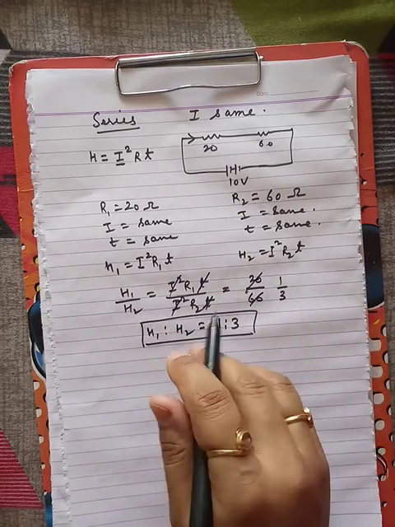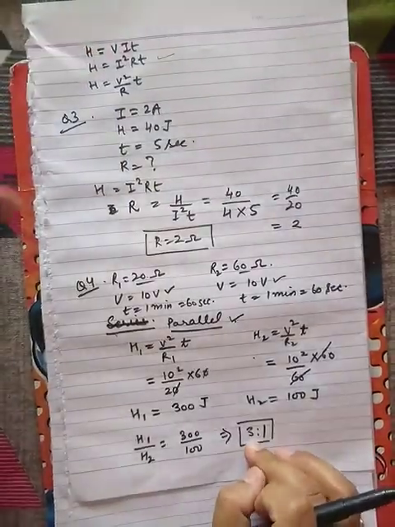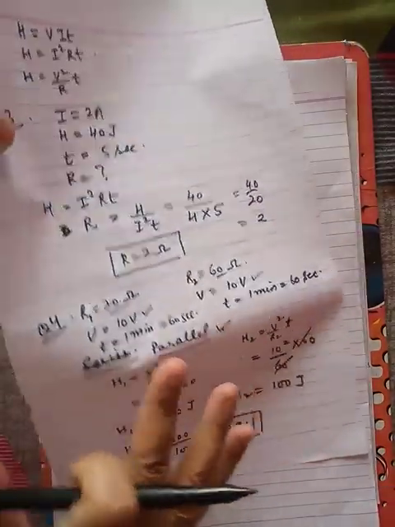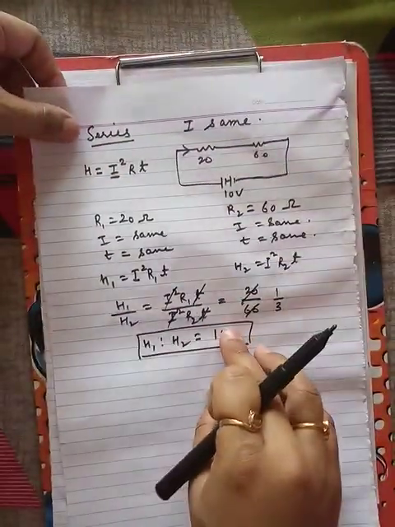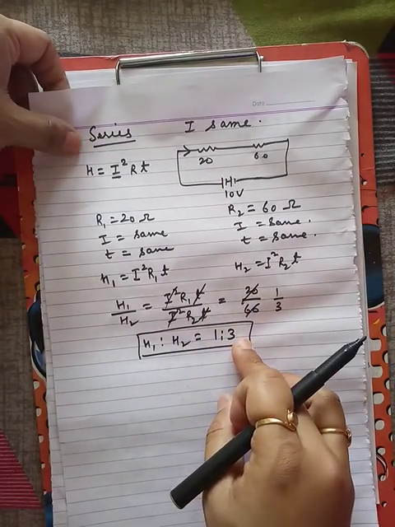So in the previous case, the ratio of heat produced was 3:1, and in the series case, the ratio of heat produced will be just opposite, that is 1:3.